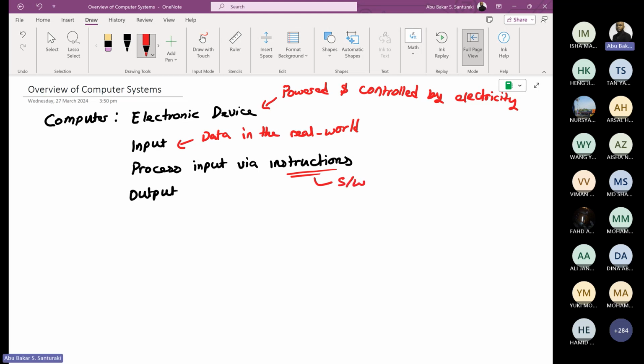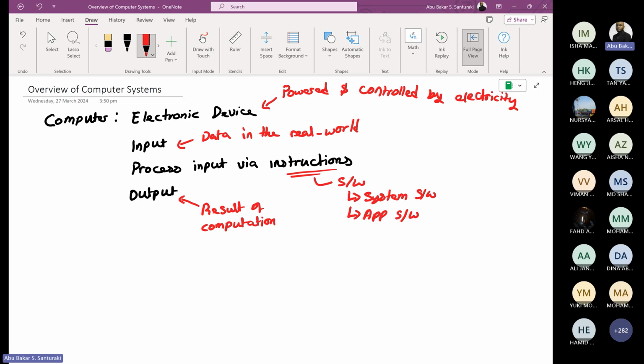This software, remember from last week's lesson, we said it can be system software, which is the operating system, or it can be application software, which is the applications you install on your computer. The output is the result of computation.